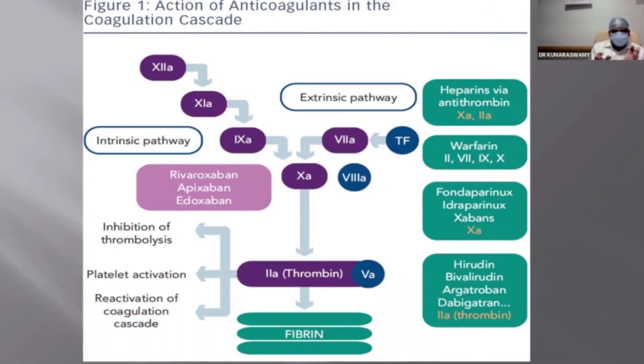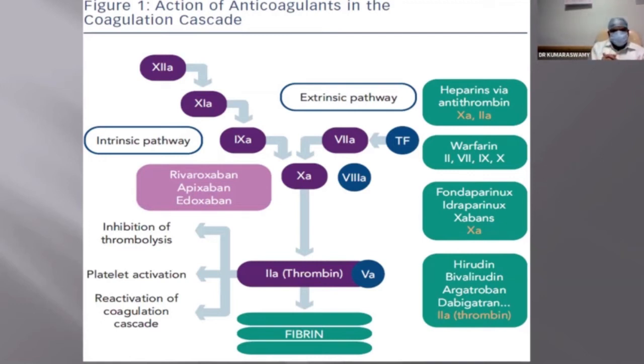Different drugs act at different levels, especially rivaroxaban and apixaban at factor Xa. Heparin, warfarin, fondaparinux, enoxaparin, hirudin, bivalirudin, argatroban, and dabigatran act on the intrinsic and extrinsic pathways. Basically thrombin and factor Xa are acted upon, and these drugs block them. There are different drugs to block thrombin, that is factor IIa, as well as factor Xa.